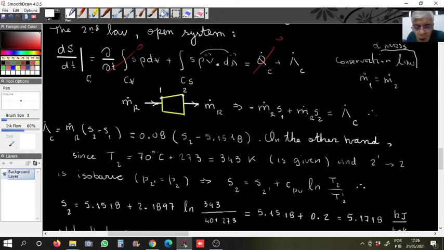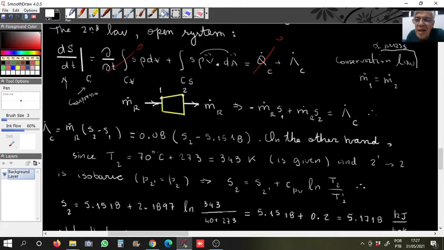Now remember from the second law of thermodynamics, the right hand side is related to the derivative with respect to time of the system. Now the system here is the compressor, and I have the compressor and the environment.